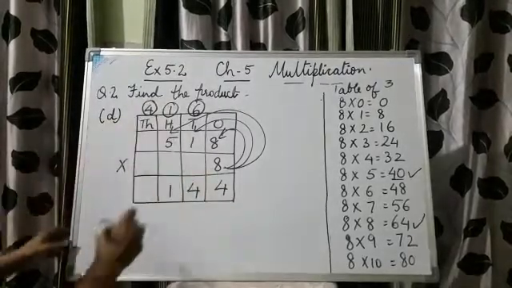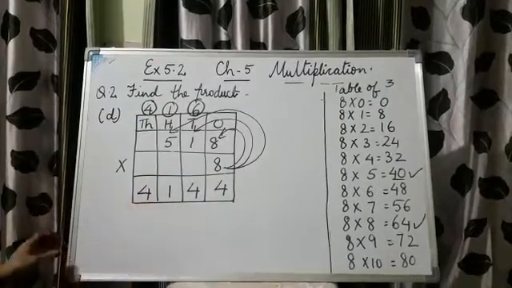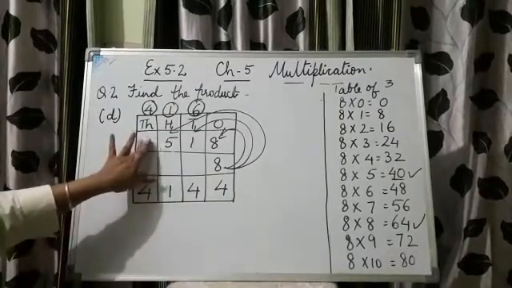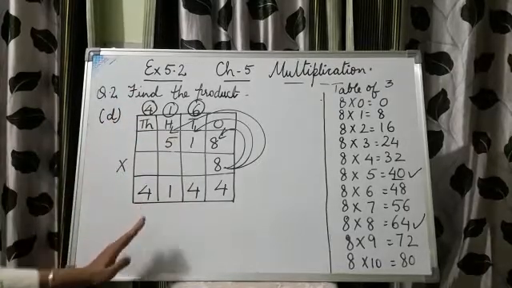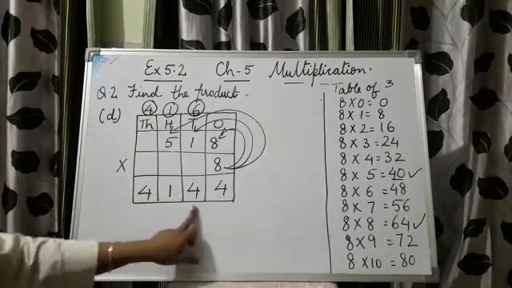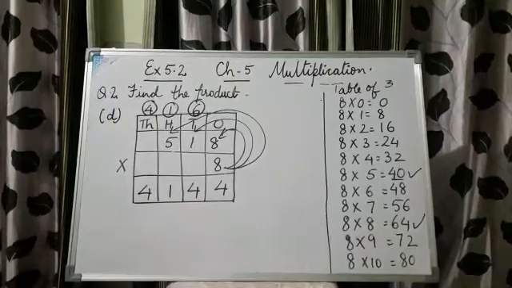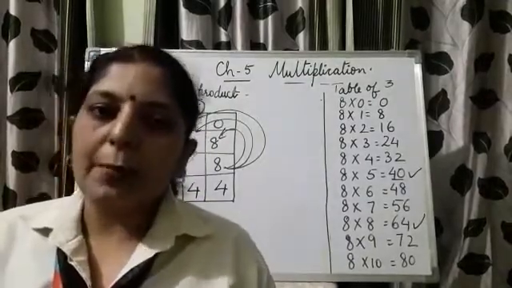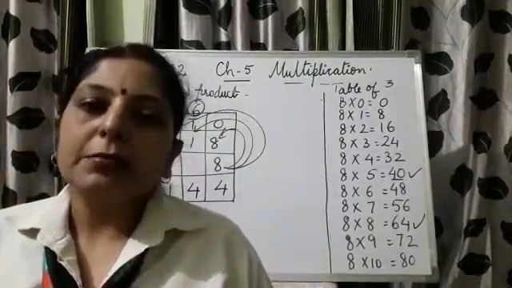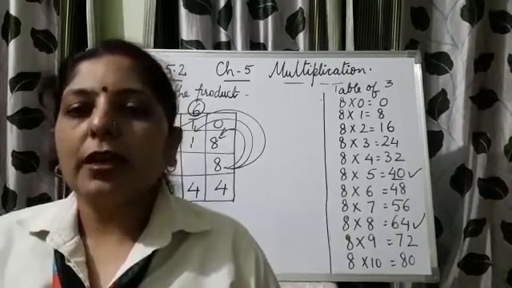So we bring down the 4 just like that, as there is nothing to be multiplied. The carried over is to be brought down just like that, and your product becomes 4144.